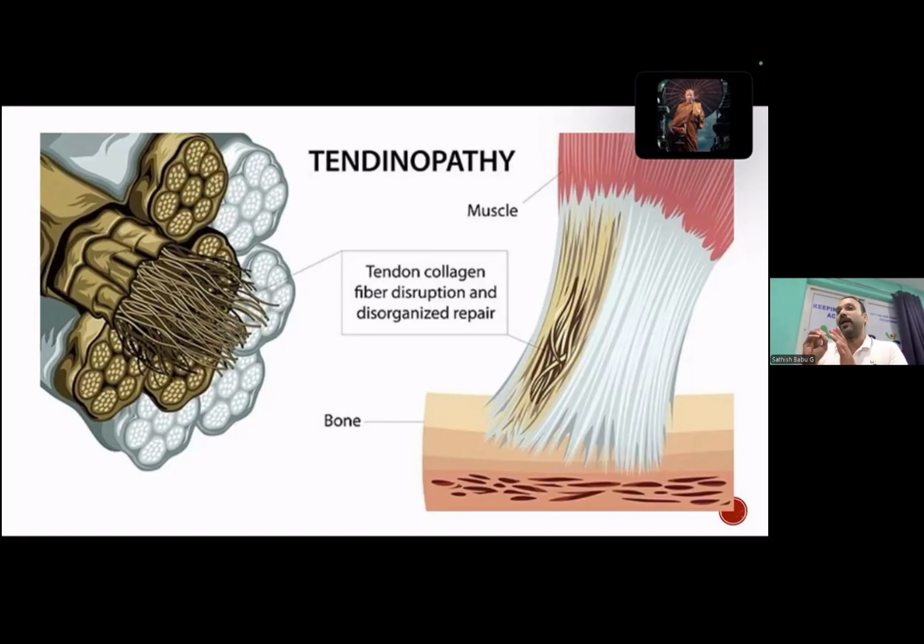That leads to damage or disruption of the fibers around that region, and that disruption of fibers slowly leads to degeneration. That's what is called tendinopathy. So in tendinopathy, both inflammation because of smaller or micro injuries, as well as degeneration, happen together. That's the common terminology we'll be using. That's why the name of today's workshop itself was tendinopathy.